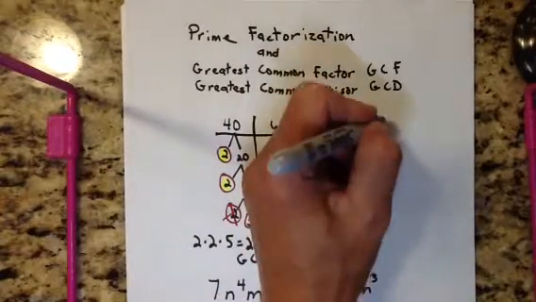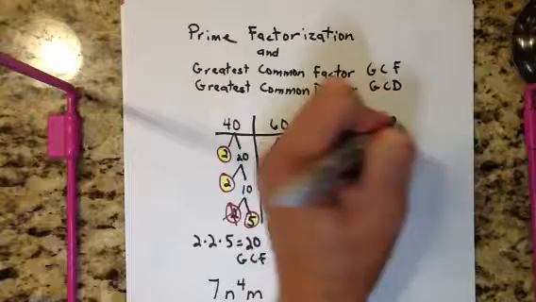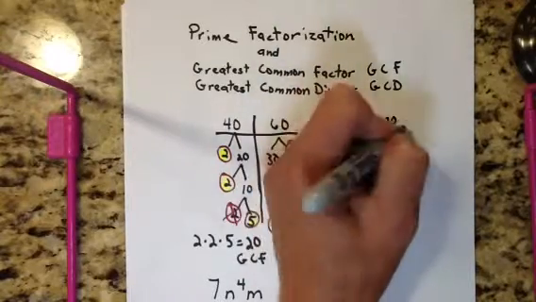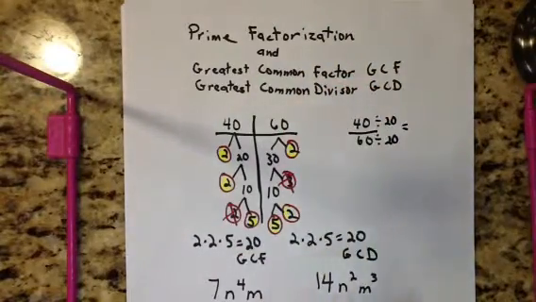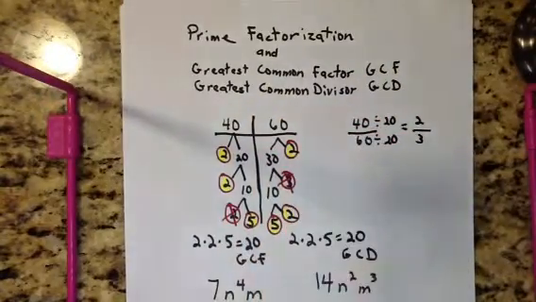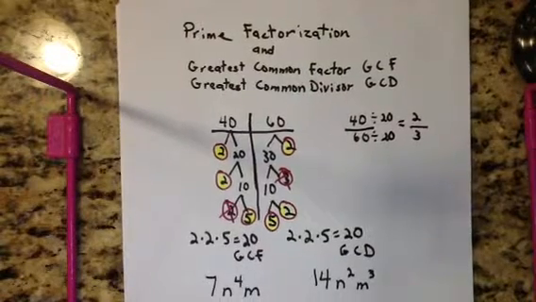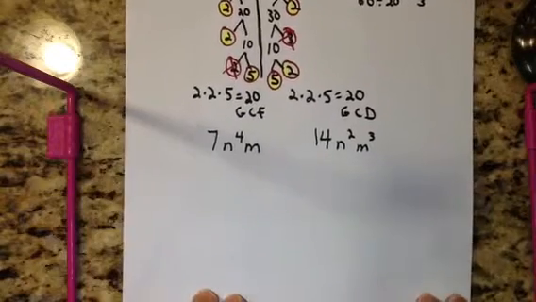So up here with this fraction, if I wanted to reduce it, I could divide the numerator and the denominator by 20, and I would get 2 divided by 3 as my lowest term for that fraction, which we call rational numbers.